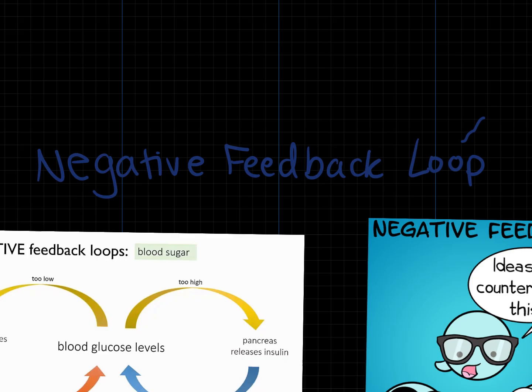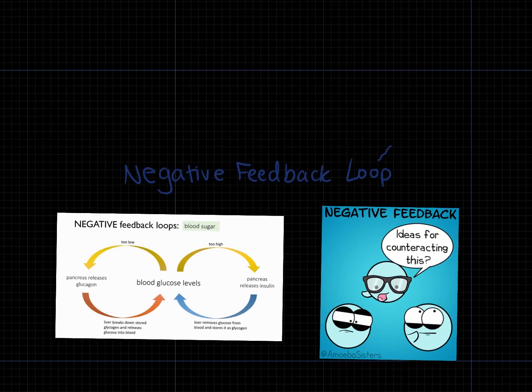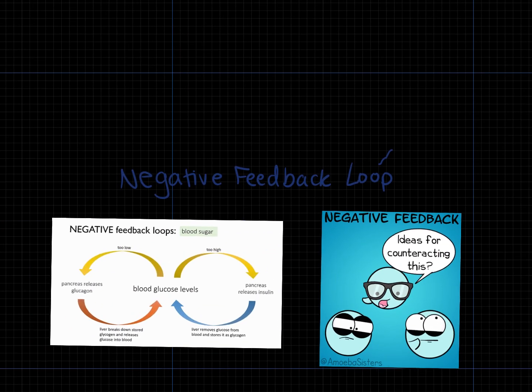So a negative feedback loop is occurring when our system has been disrupted in any way and we need to return to normal. In this case, we have way too much glucose in our blood, and our body is saying that's negative. We don't want that.